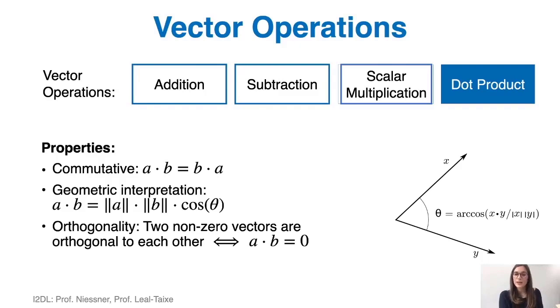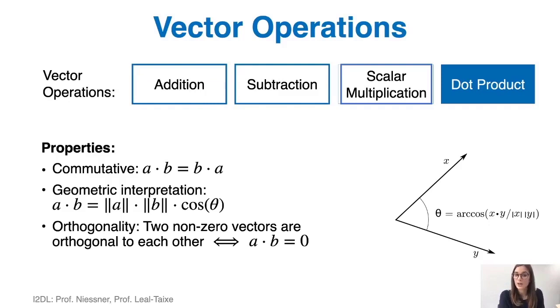Another one is the geometric interpretation, which is in this case a little bit more complicated than the cases before. So let's have a look at the figure that I included on this slide. There you see two vectors, x and y, and we usually denoted the vectors by a and b, so that's kind of the same. And you see that between these vectors x and y, you can define the angle theta between these two vectors. So the dot product is now in relation to this angle, and it's given by the second line, geometric interpretation.